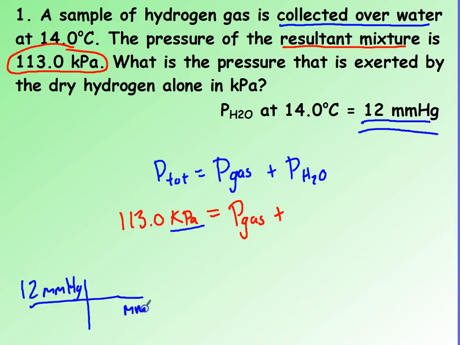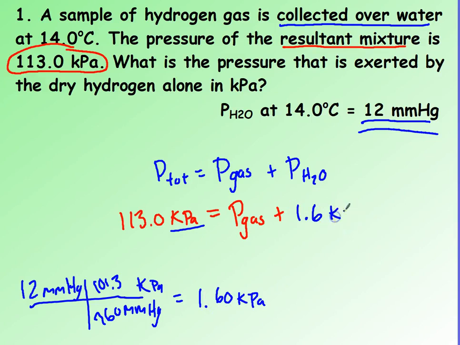I'm just going to convert it, mmHg to kPa, 760 to 101.3 kPa. Multiplying and dividing, I got 1.60 kPa. So I'll plug it in here, 1.6 kPa.